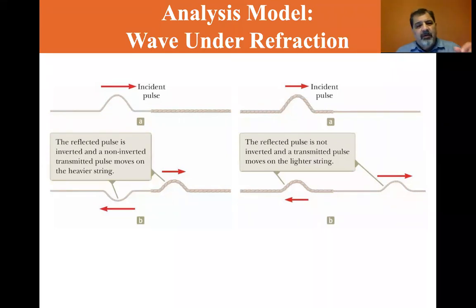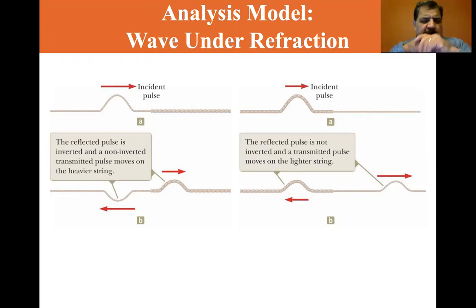If we look at A and B on the left hand side, we're going from a light rope to a heavy rope. The wave will be transmitted to the heavy rope, but there'll also be a reflection going back.